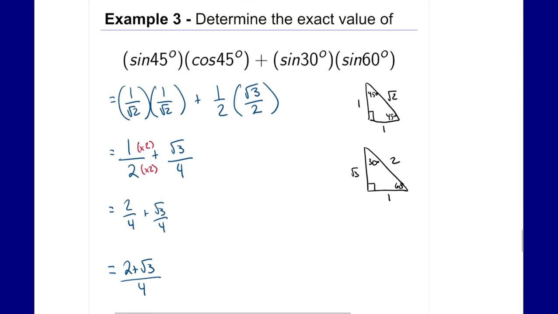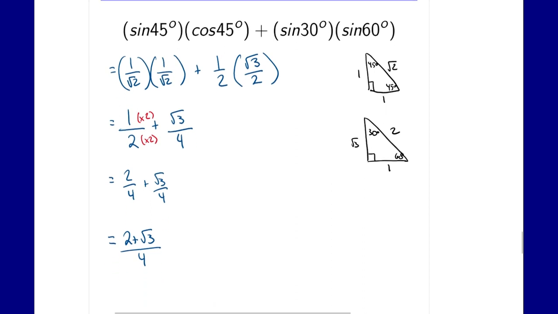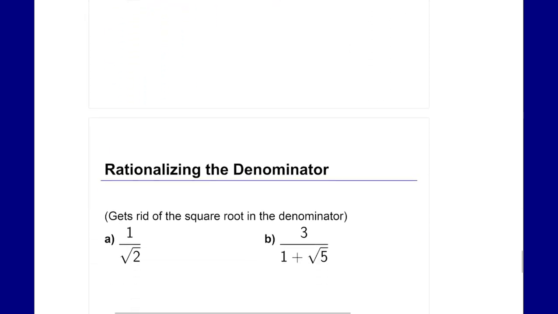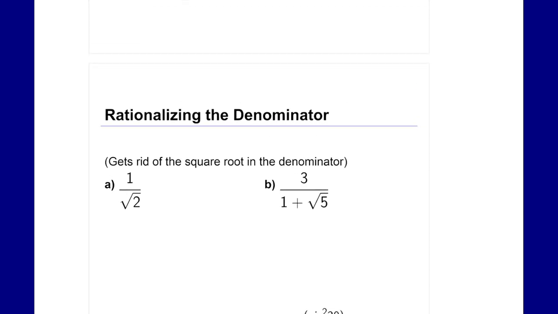Now, you can see that when we're determining the exact values, we are going to be dealing with radicals again. So we might have to do something called rationalizing the denominator. What that means is we just want to get rid of the square root in the denominator to make it a little bit easier to work with.